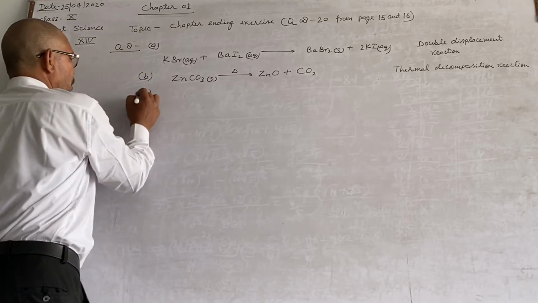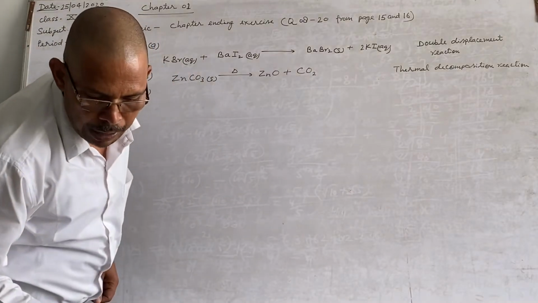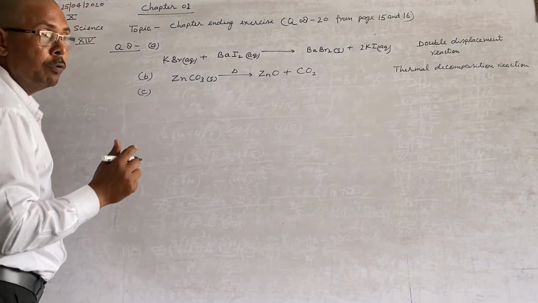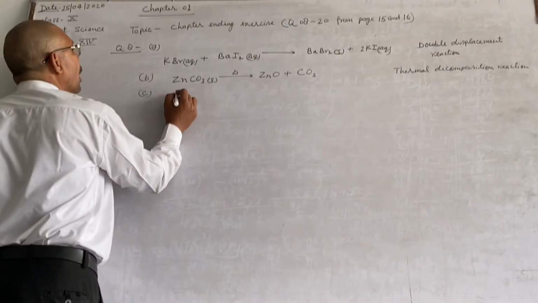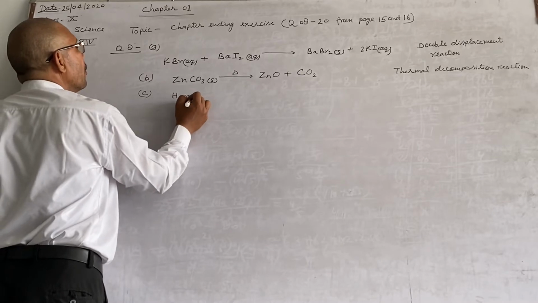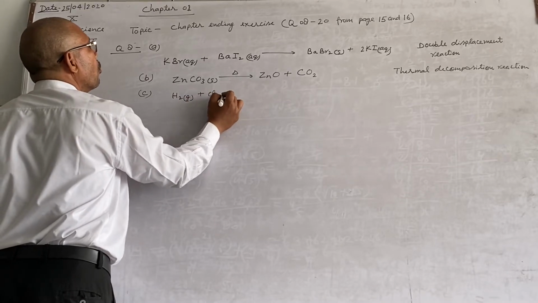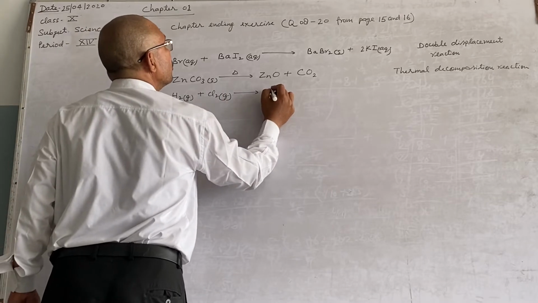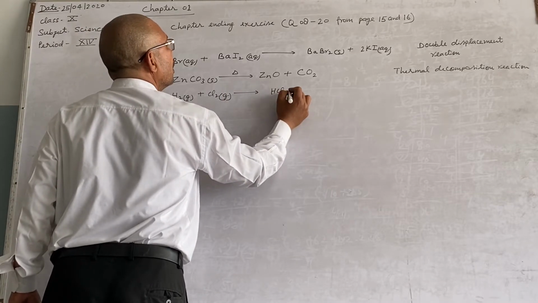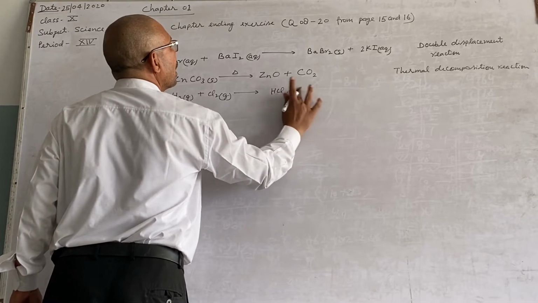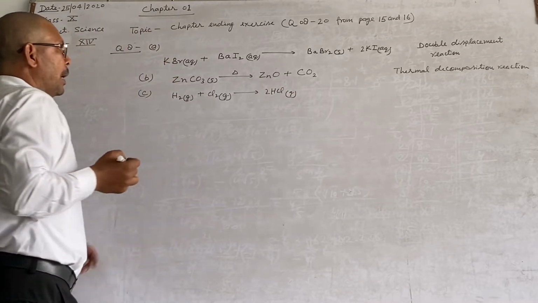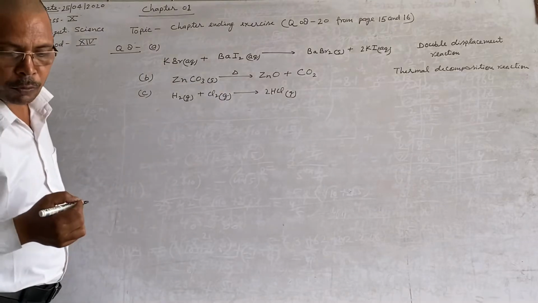C. Hydrogen gas plus chlorine gas, after reaction they produce hydrogen chloride. Hydrogen gas plus chlorine gas, after reaction they produce HCl gas. This is the balanced chemical equation, 2HCl.